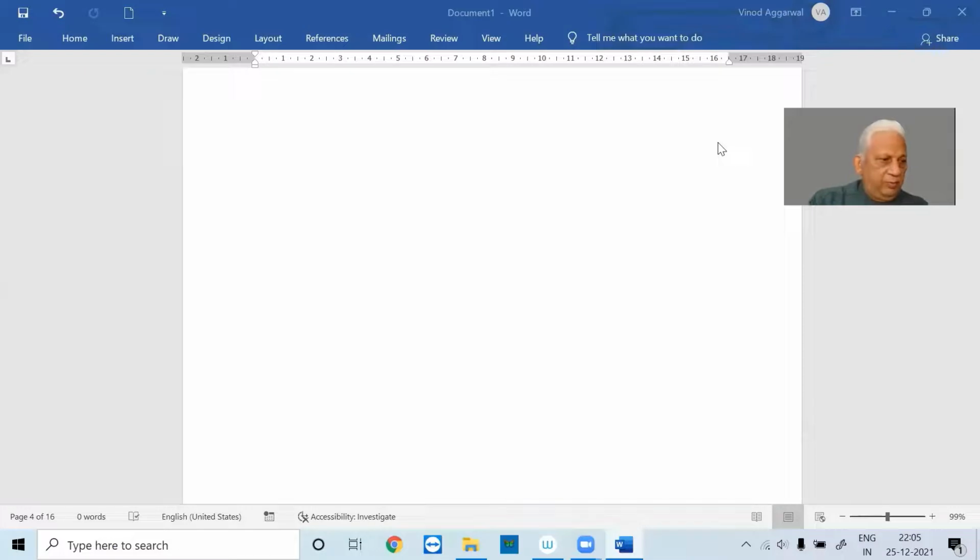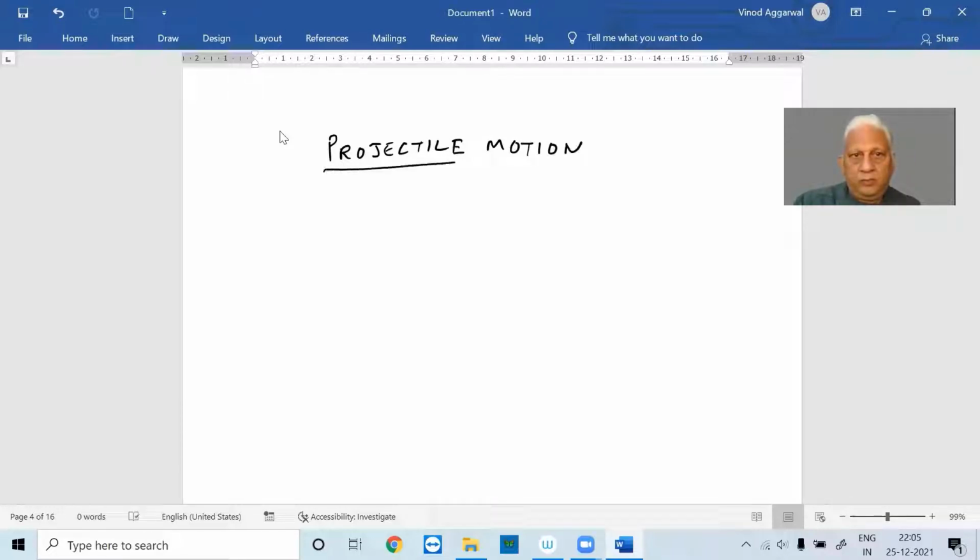The next topic we are going to study is projectile motion. What is a projectile?